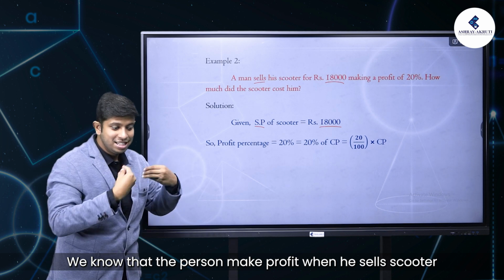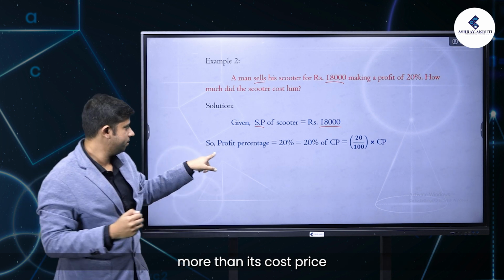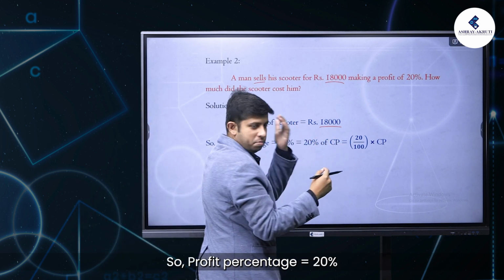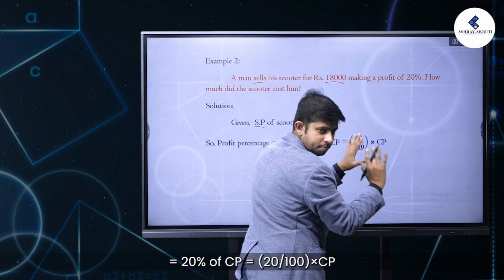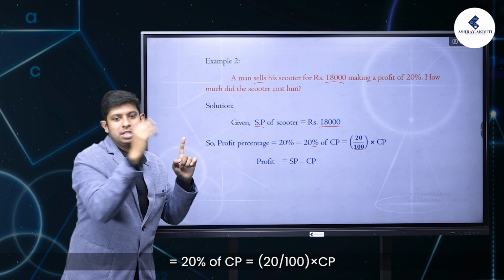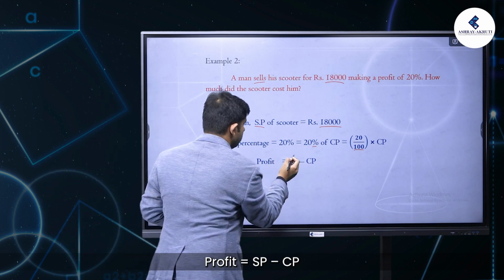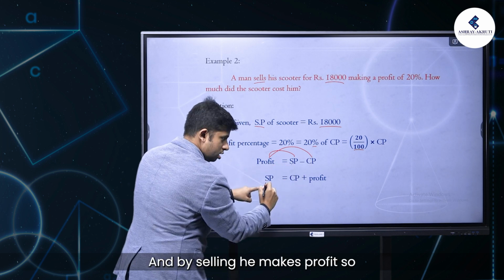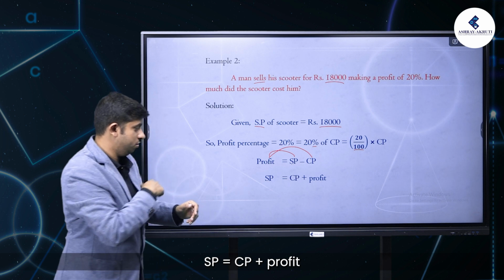We know that the person makes profit when he sells the scooter for more than its cost price. So profit percentage equals 20% equals 20% of cost price equals 20 by 100 into cost price. We also know that profit equals selling price minus cost price. And by selling, he makes profit. So selling price equals cost price plus profit.